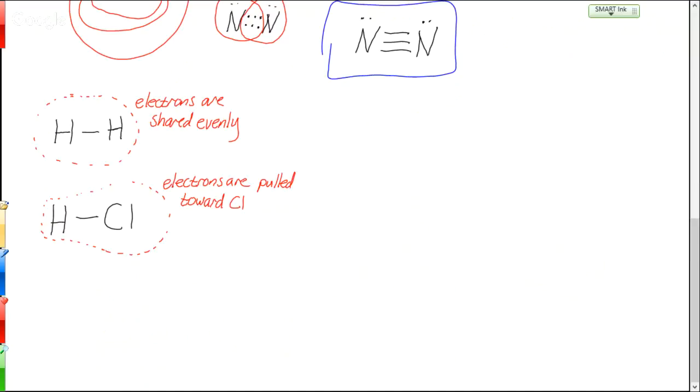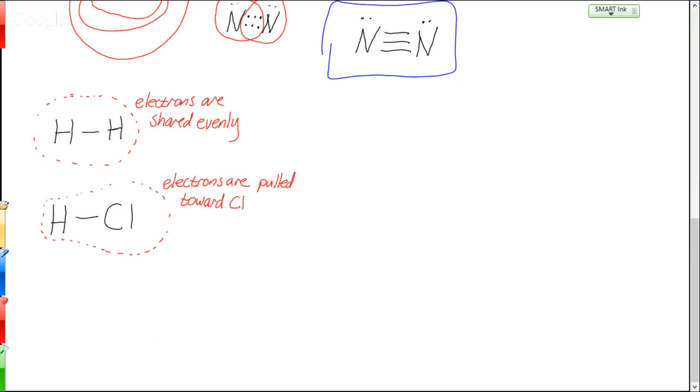And what that does is it changes the electrical structure of that molecule because electrons are charged. What charge are they? They're negative. So if the electrons are more on one side than the other, that means that this molecule is going to have a negative side and a positive side, which would not exist in hydrogen.